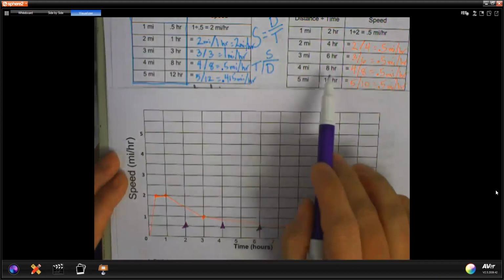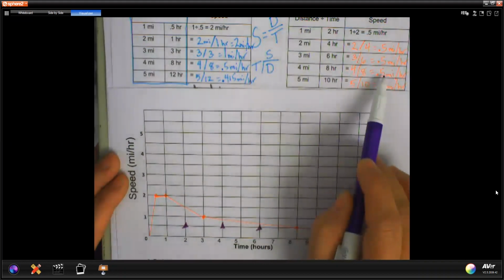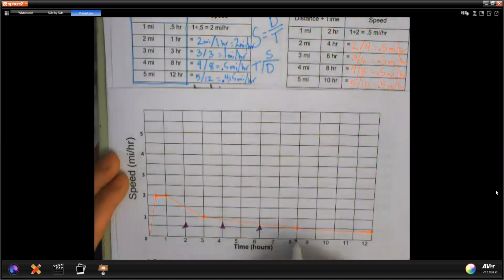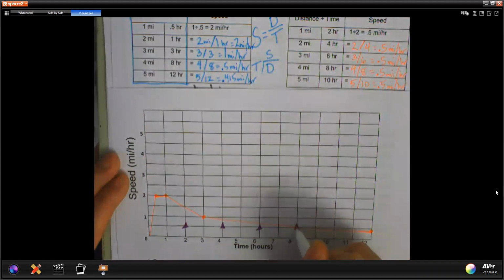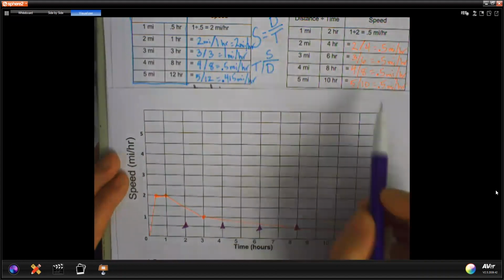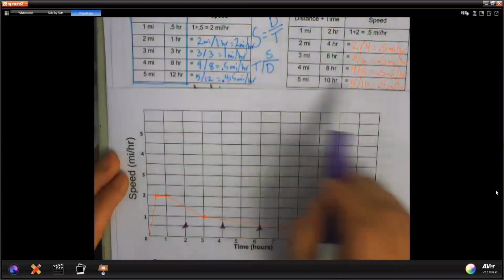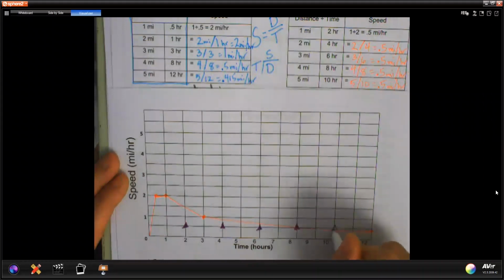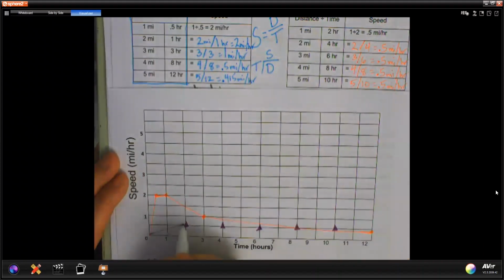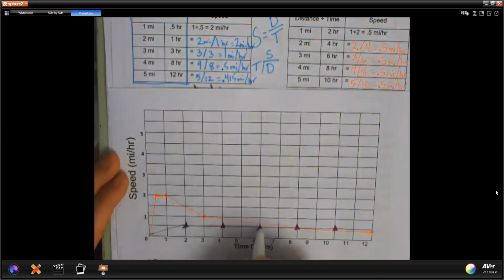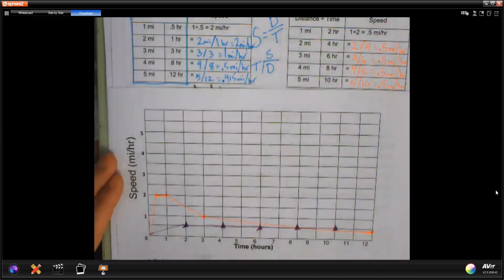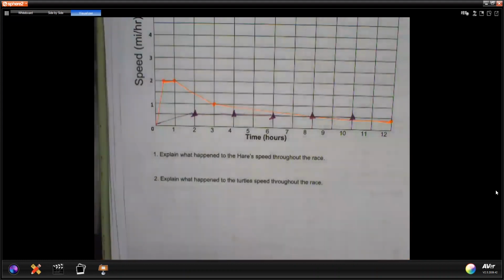Then we're 8 hours meets 0.5 miles per hour. So 8, 0.5. Once again, they overlap. Then we have 10 at 0.5, and this is where he wins. And draw those lines. Make sure you answer the 2 questions at the bottom here as well. Okay.